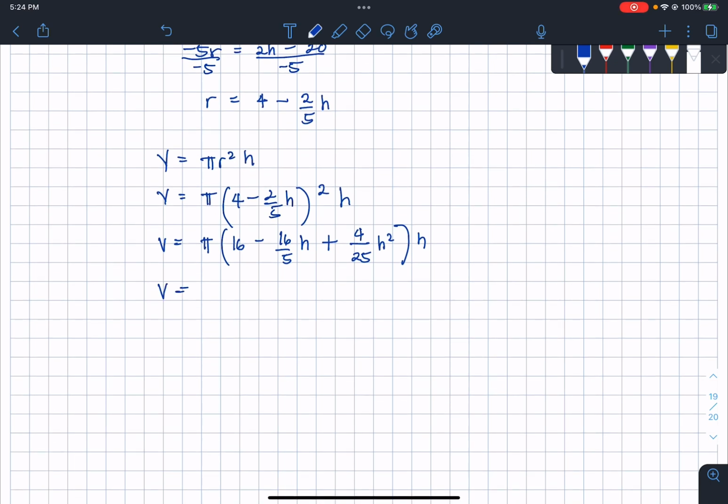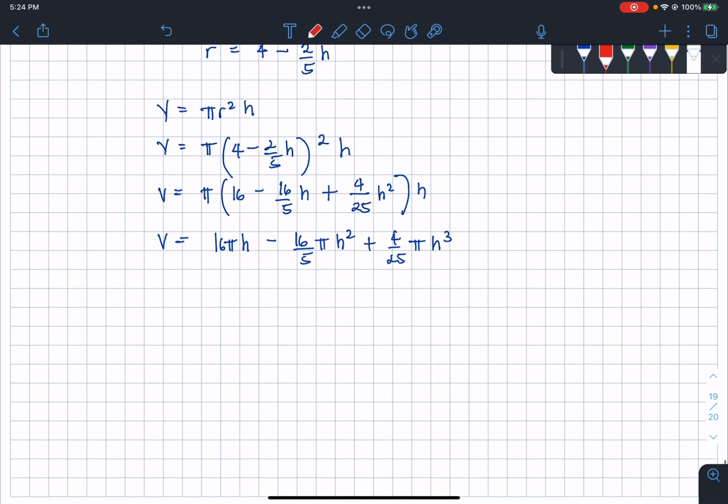So in short, we distribute this one. So we distribute pi h. Okay, so 16 pi h, then minus 16 over 5 pi h squared, and plus 4 all over 25 pi h cubed. So that would be our volume.